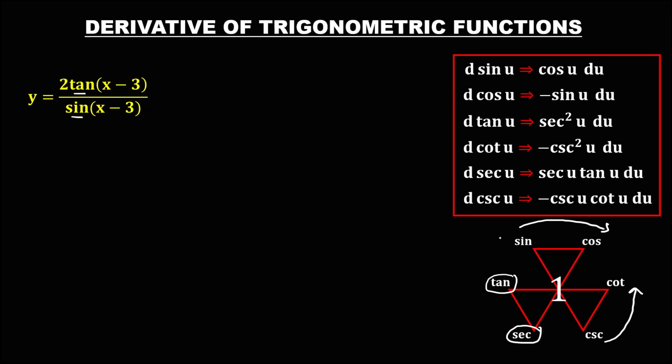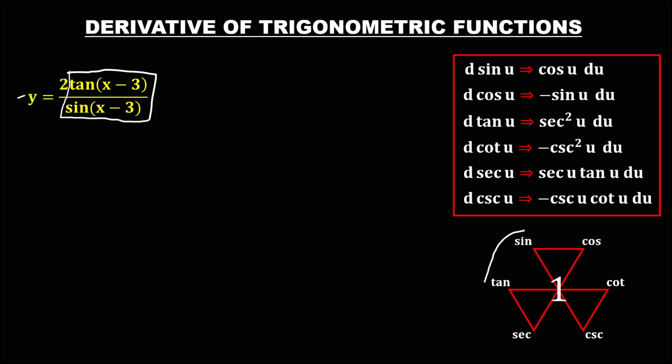Sine over tangent is equal to cosine. Secant over cosecant is equal to tangent. So from this given, tangent over sine is equal to secant.